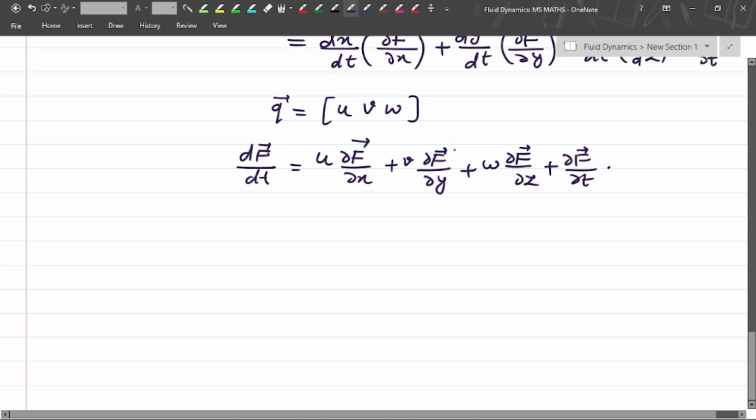We can write this way: df vector upon dt equals q dot del f vector, since q and f are both vector quantities, plus dou f vector upon dou t.